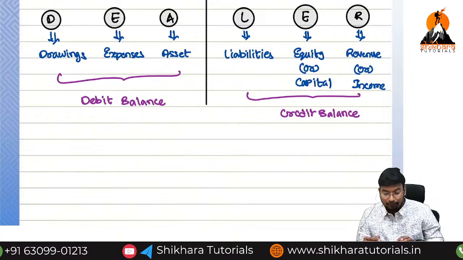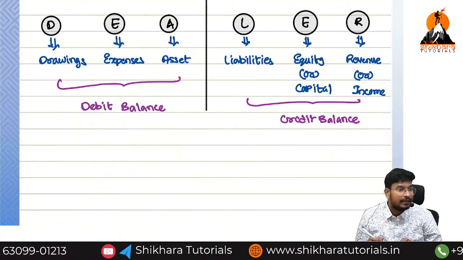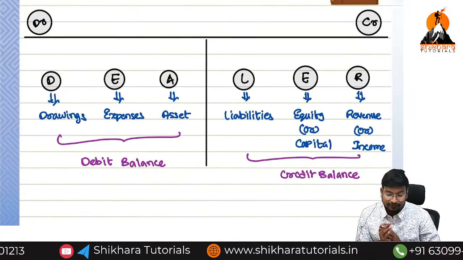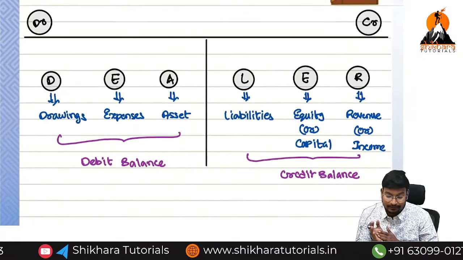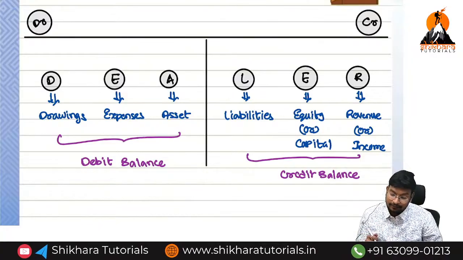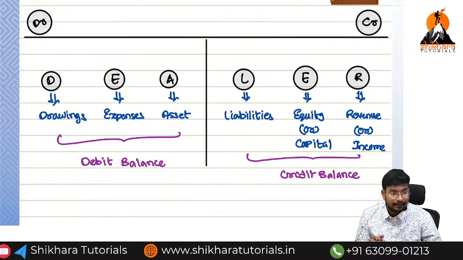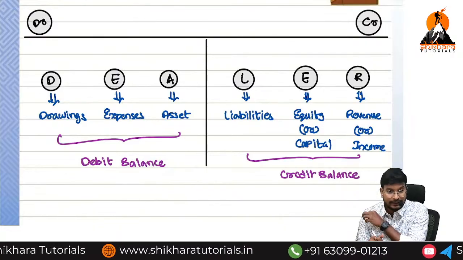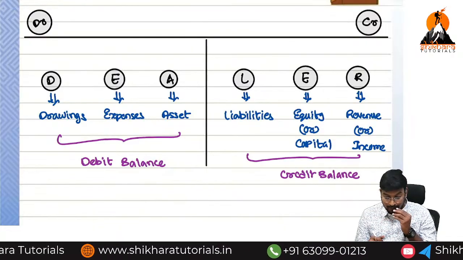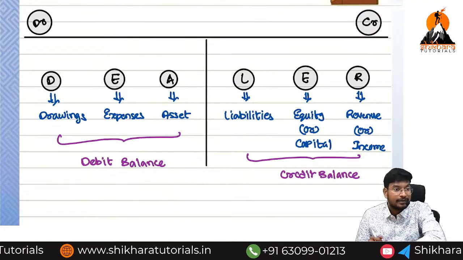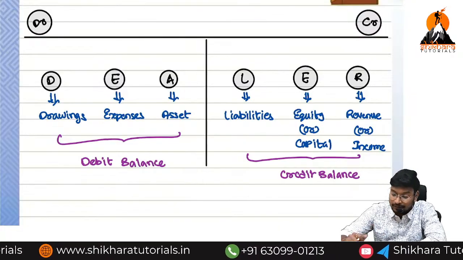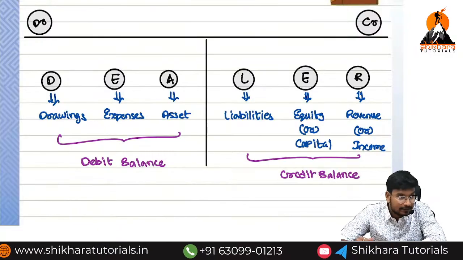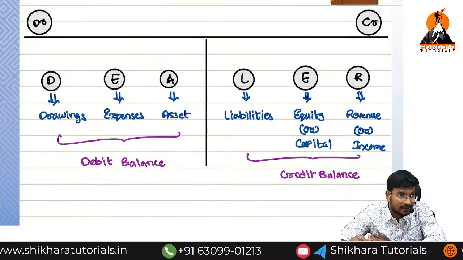Now we can understand the meaning of debit balance and credit balance. D for drawings, E for expenses, A for assets, L for liability, E for equity or capital, R for revenue or income. That means drawings, expenses and assets have debit balance. Liability, equity, revenue and incomes have credit balance. So please remember these balances.